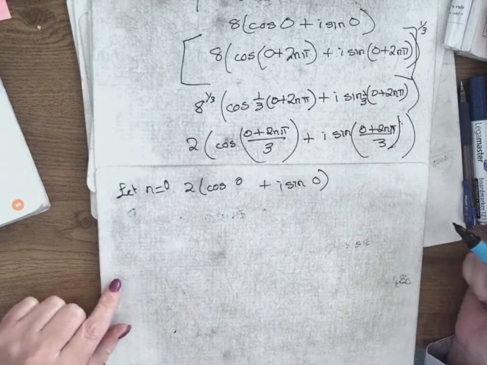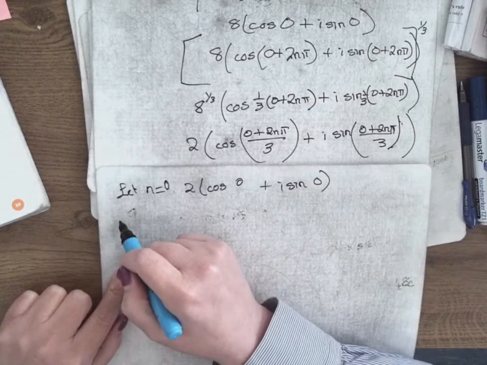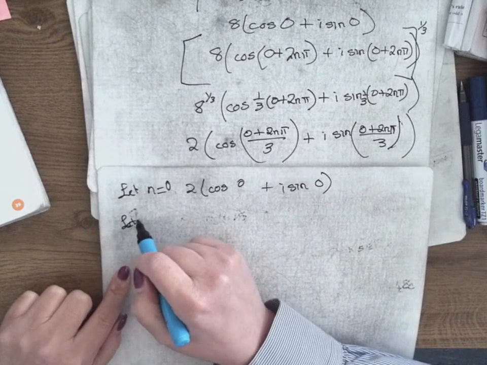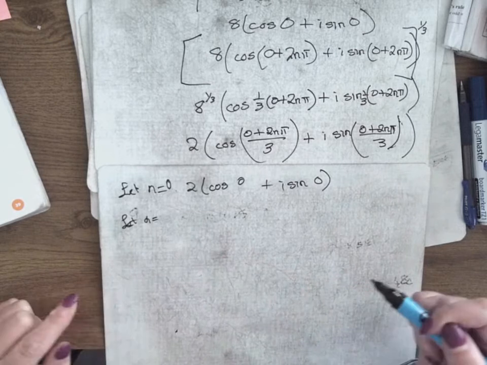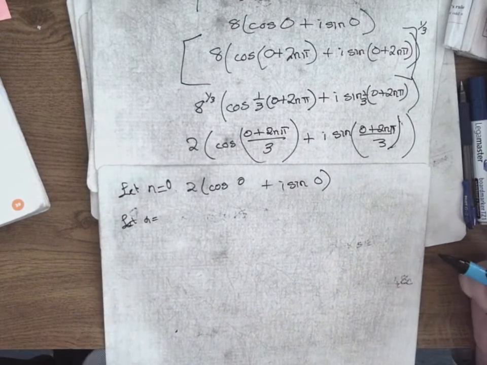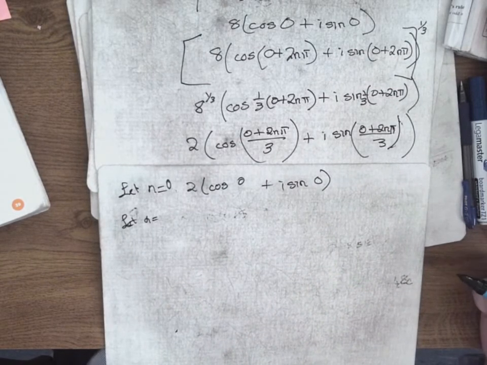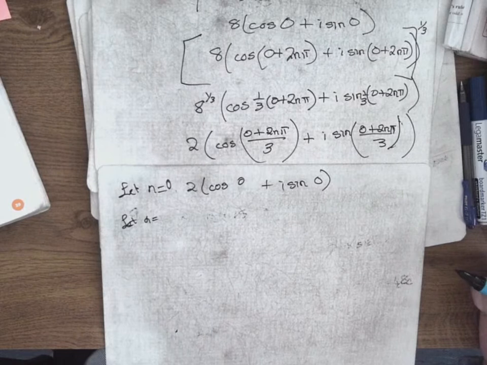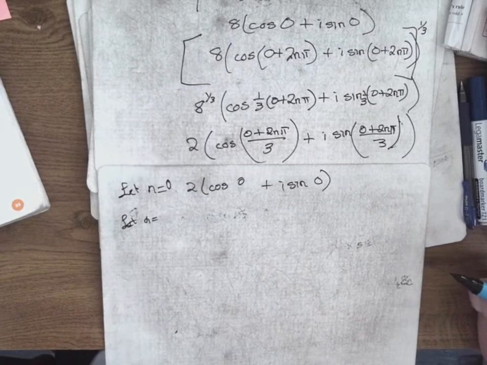What do you think you do next? You let n equal what? n equals 1, yeah. It's like you're doing a lap. So n equals 0, you're in the original position, and n equals 1, you're doing a lap. Where do I end up?